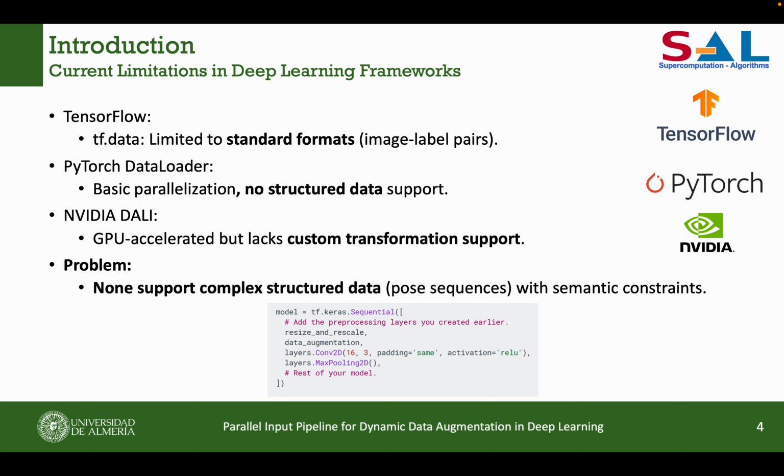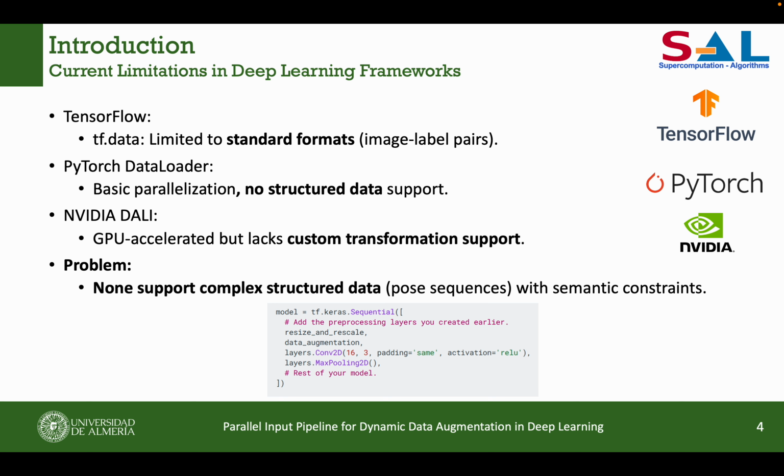For example, as we can see in the bottom part of the slide, we can see a neural network that is also performing some data augmentation. The data augmentation, for example, resize and rescale, is embedded into the model.